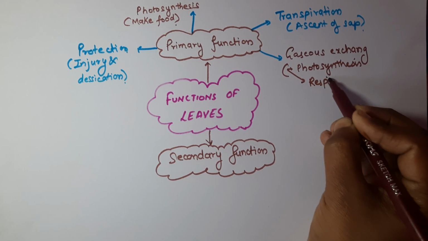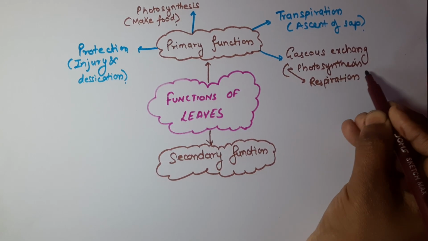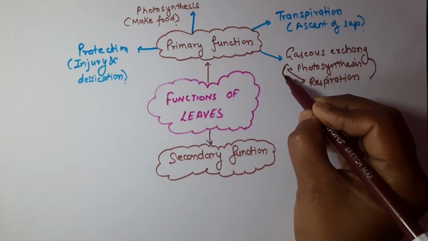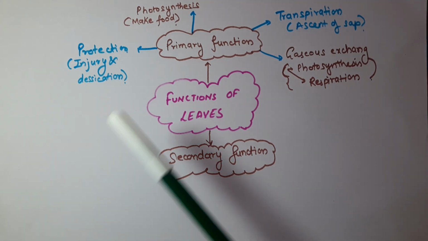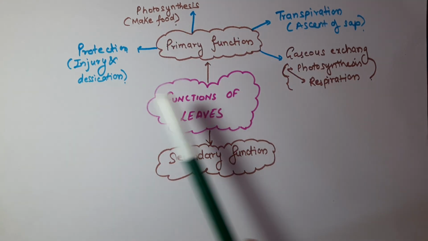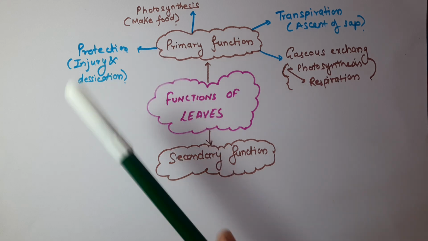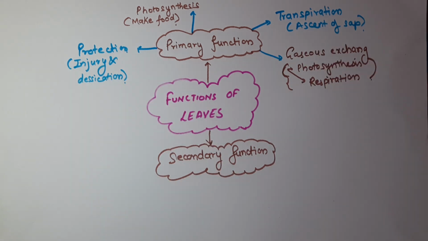In these two processes there is a gas exchange, and the leaf plays the main role here. This is the main function of the leaves. So these are the four important primary functions of the leaf: protection, photosynthesis, that is making their food, transpiration, and then gaseous exchange.